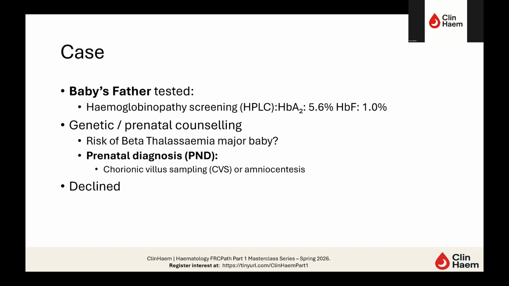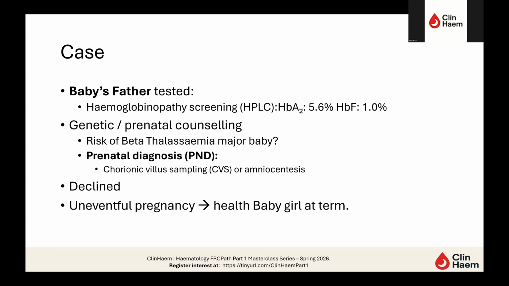Even if the baby has beta thalassemia major, and we do not have any indication that the person might have alpha thalassemia inherited as well, so we're focusing purely on beta thalassemia, then the baby would actually be fine. The baby would be fine up till 3 months of age. Even with beta thalassemia major, they won't have problems till 3 months of age.